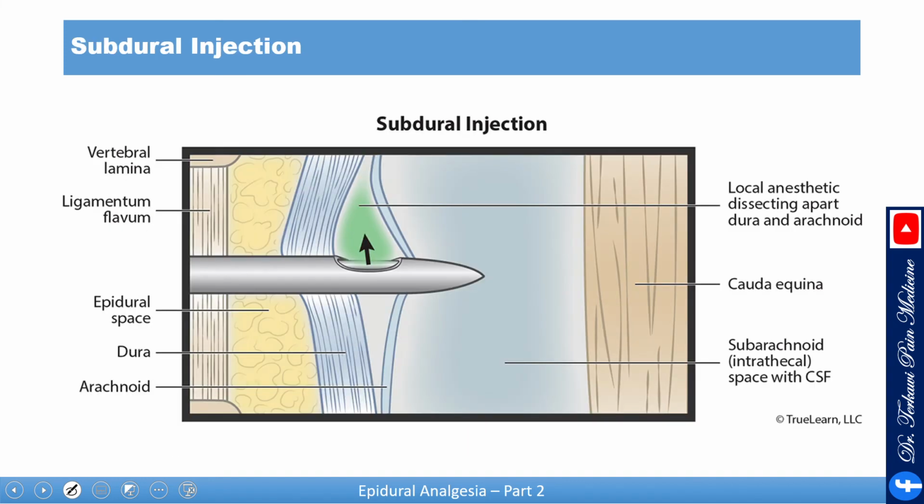Subdural injection. So that's your dura here, and that's your subarachnoid space. What happens is that you pierce through the dura, but you are not far enough, so the hole sits on the dura and creates this subdural spread.